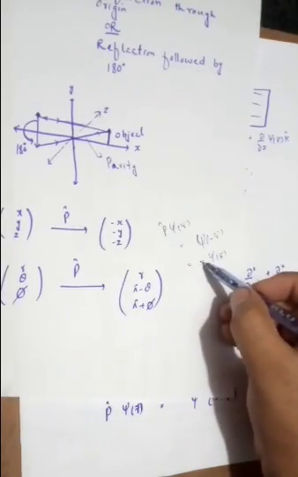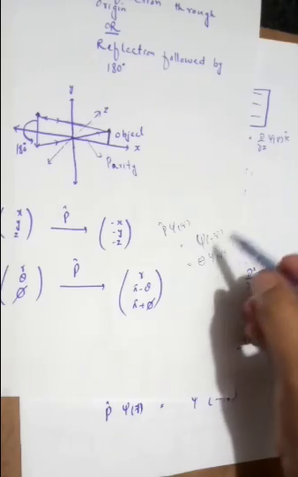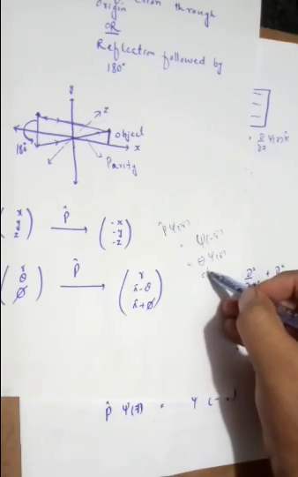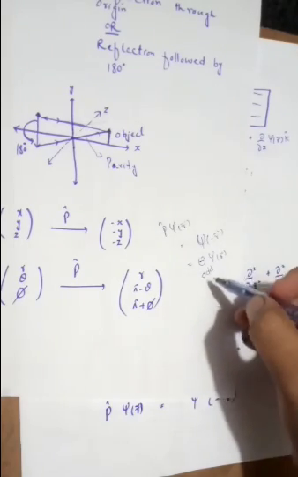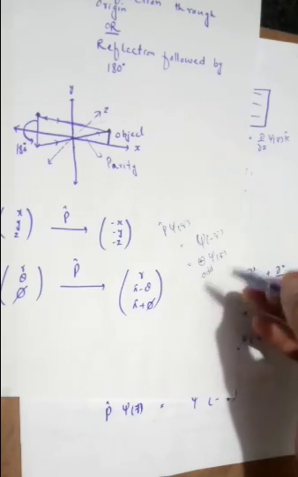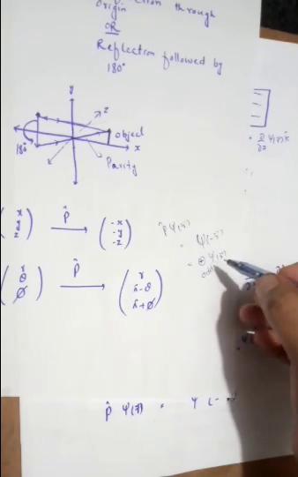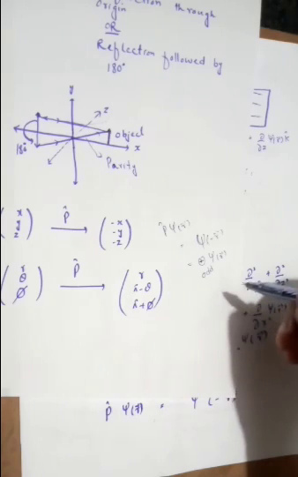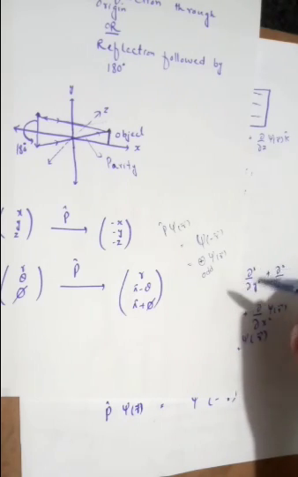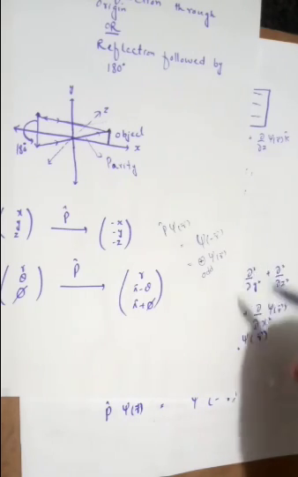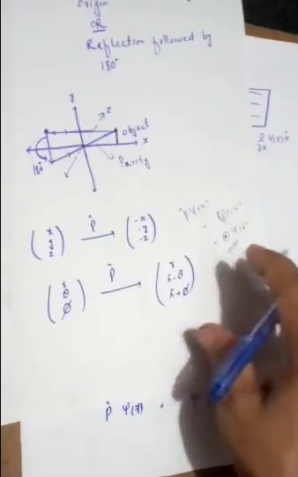Then, as we get minus after operating the parity operator, we call it an odd quantity. And if we get plus, positive here, then we say that it is an even quantity, even function.